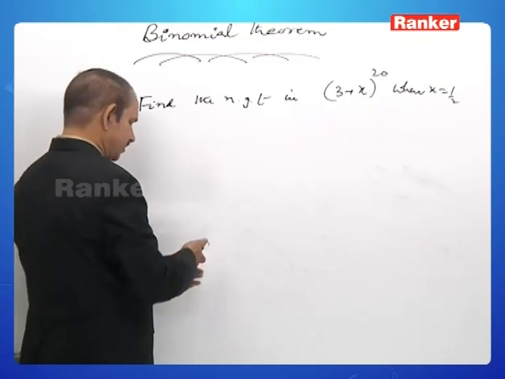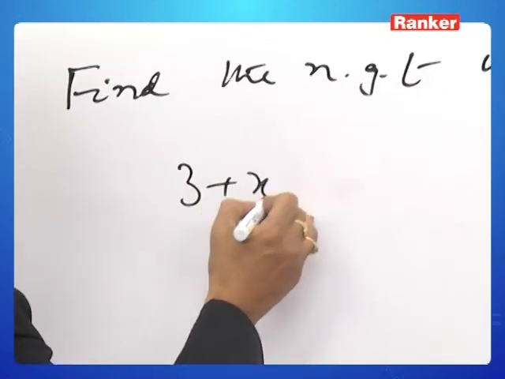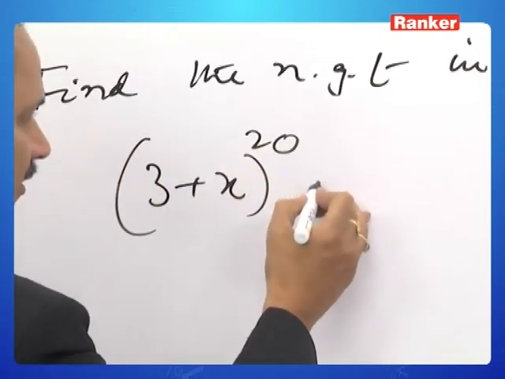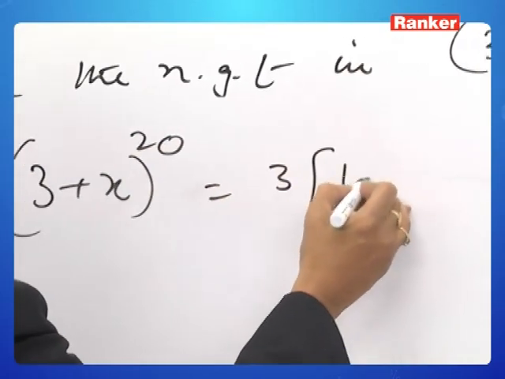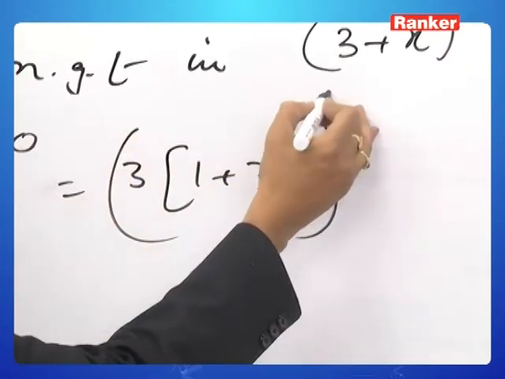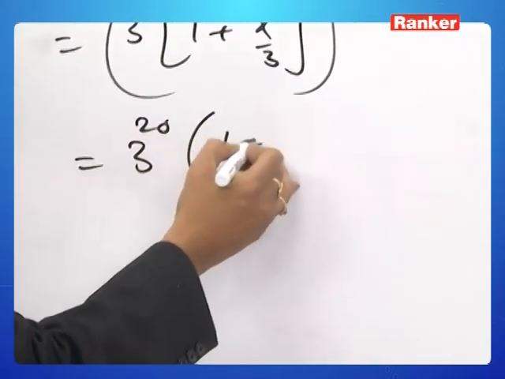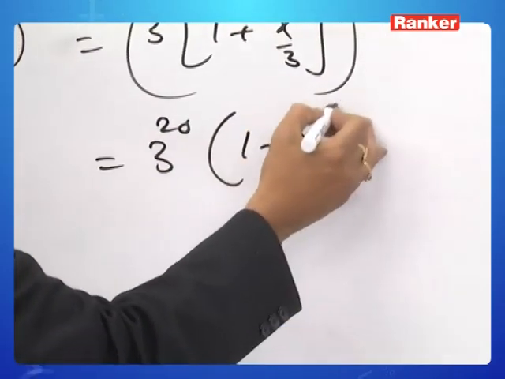Look here, what is the given expansion? (3 plus x) whole to the power of 20. This can be taken as 3 into (1 plus x by 3) whole to the power of 20, that is, 3 power 20 into (1 plus x by 3) whole to the power of 20.